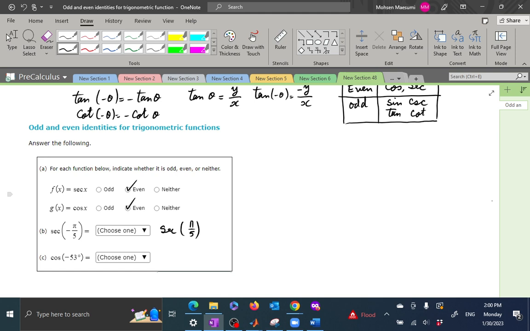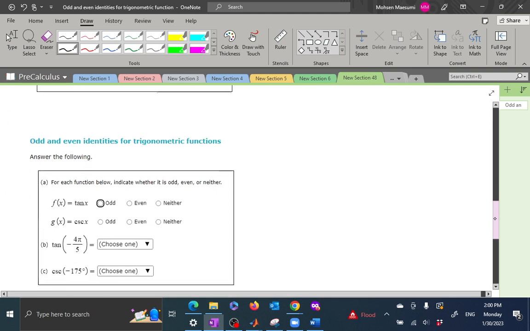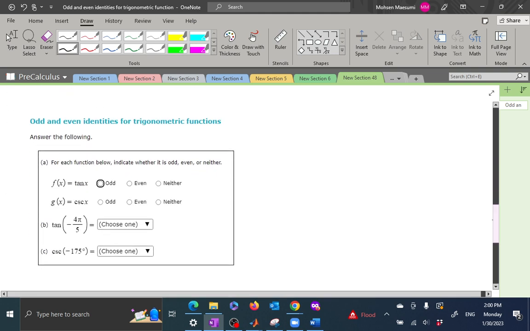Same for cosine, that's same as cosine of 53 degrees. Positive or negative doesn't make any difference. Okay, now you want to have a mental picture of this and be able to recognize the situation quickly.